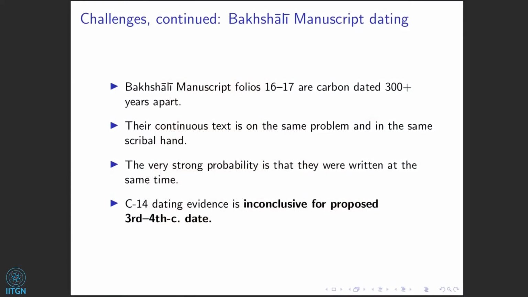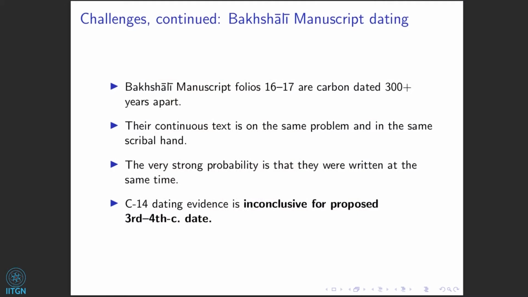So, what does this textual nitpicking about this mathematical artifact tell us? It tells us that although these 2 consecutive folios have been carbon dated to 300 plus years apart, the continuous text that they contain, written very clearly as an uninterrupted sequence, is referring to exactly one unbroken problem, and also, as far as we can tell, in the same scribal hand.